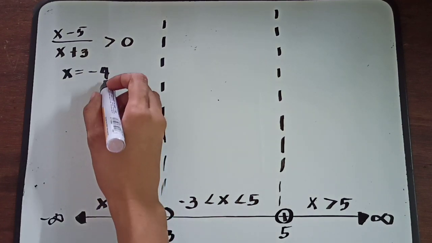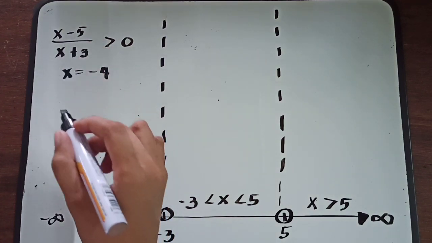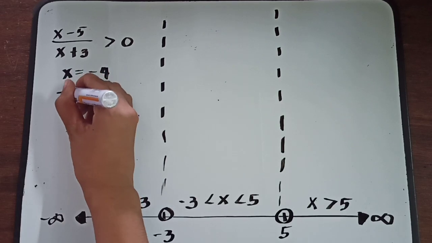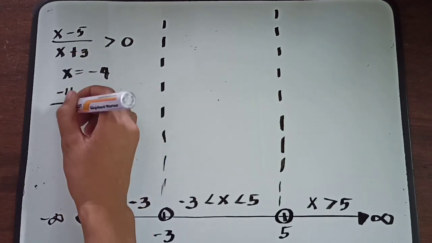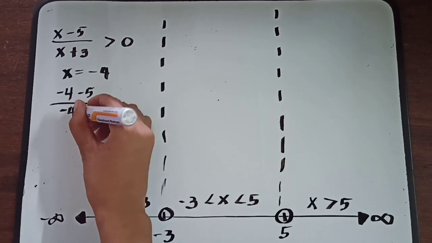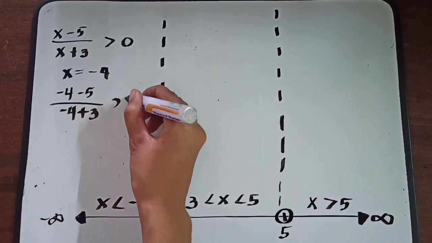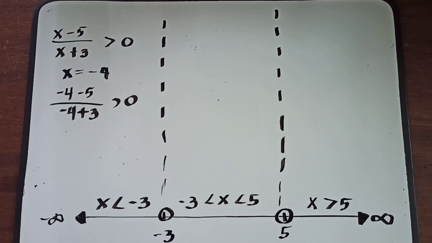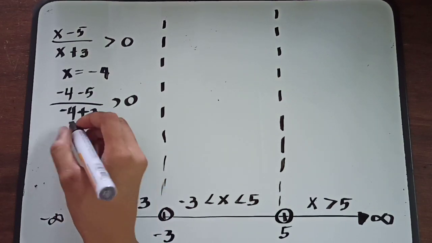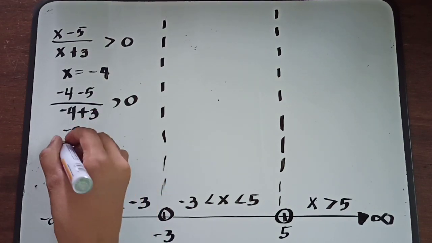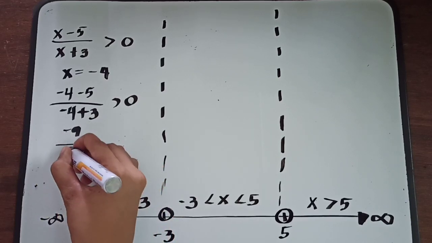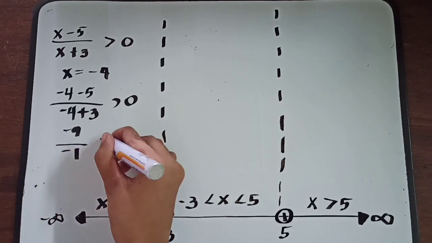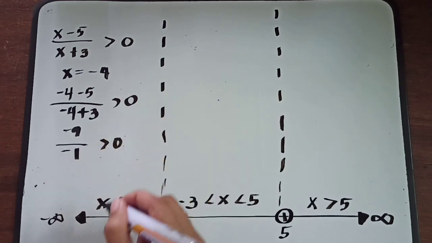Okay, so once you have a test value of x which is less than negative 3, substitute this value in our given inequality. So that is negative 4 minus 5 over the value of x which is negative 4, then plus 3, which is greater than 0. So negative 4 minus 5 is negative 9 over negative 4 plus 3 is negative 1, which is greater than 0.